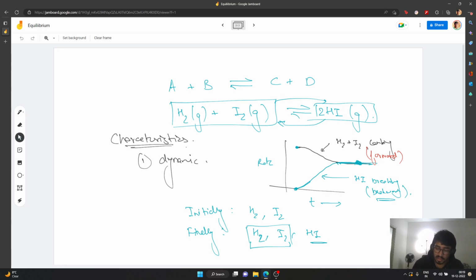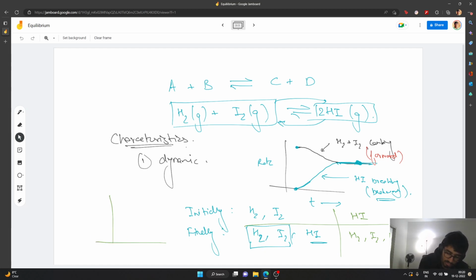You can imagine that instead of starting with H2 and I2, in another scenario I could have started with just HI. Then at the end, I would have H2, I2 and HI. And of course, in this case, the HI concentration would decrease instead of increasing. So in that case, the graph would look something like this.